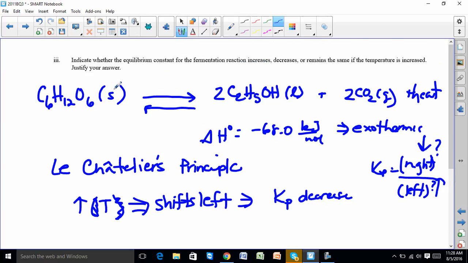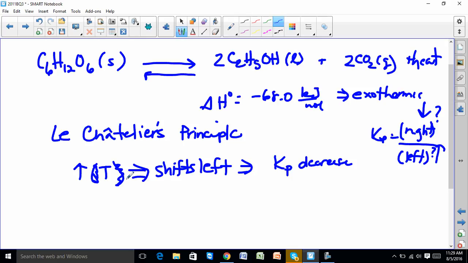Now, that's the thing, but remember on the AP exam, always answer the question first. This is kind of your work. And then, will the equilibrium constant for fermentation, that's this reaction, increase, decrease, or remain the same? I'm going to switch colors. You've got to answer the question first.